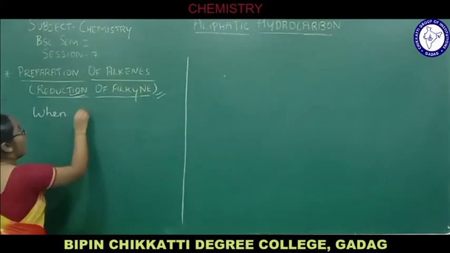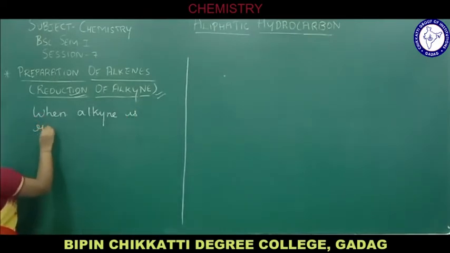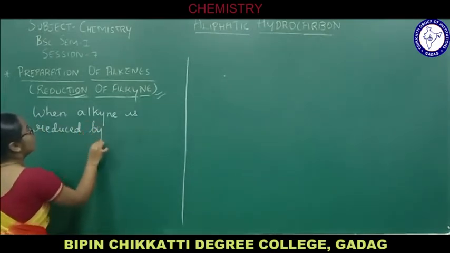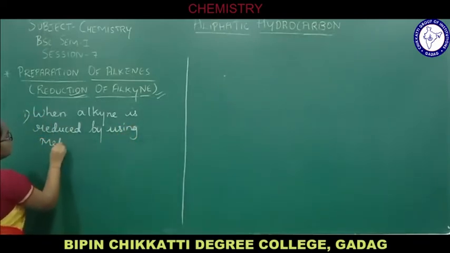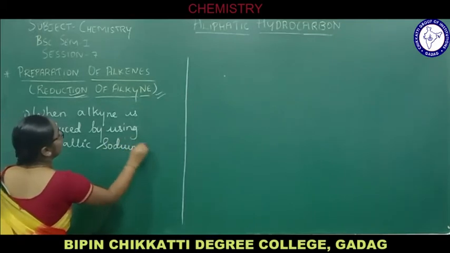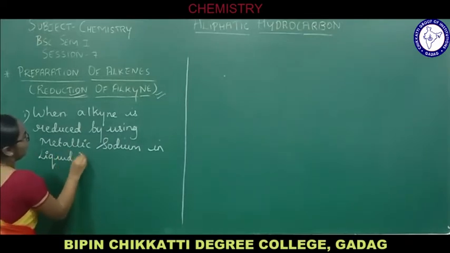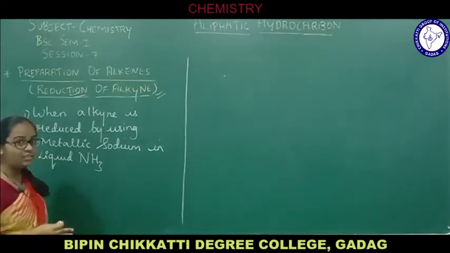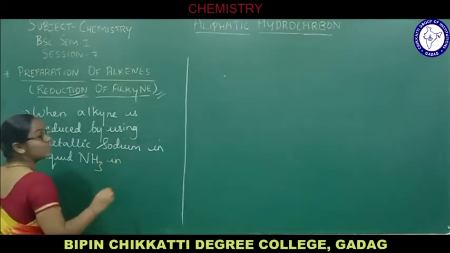So when alkyne is reduced by using metallic sodium in liquid ammonia, at that time it will yield the alkene, but that will get produced in one form called trans form.